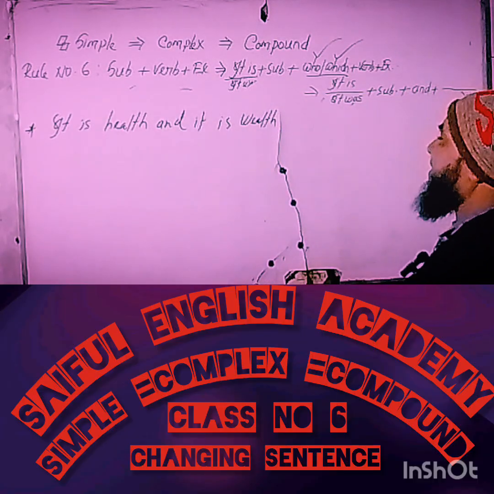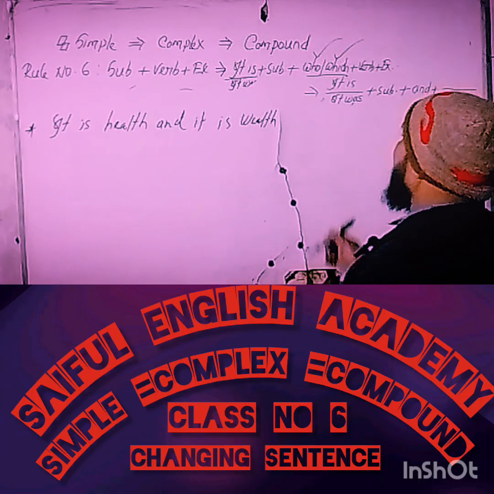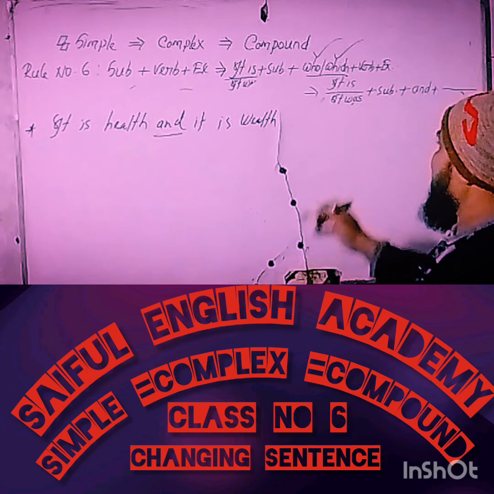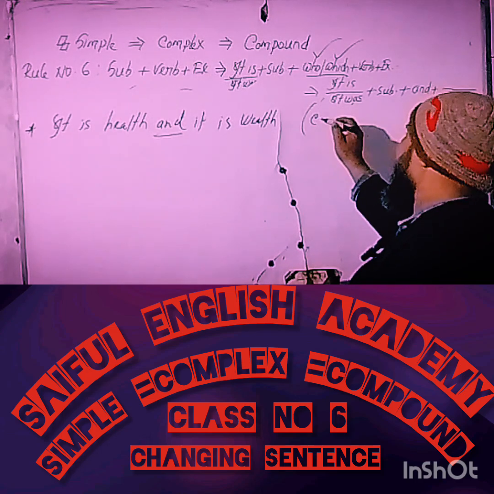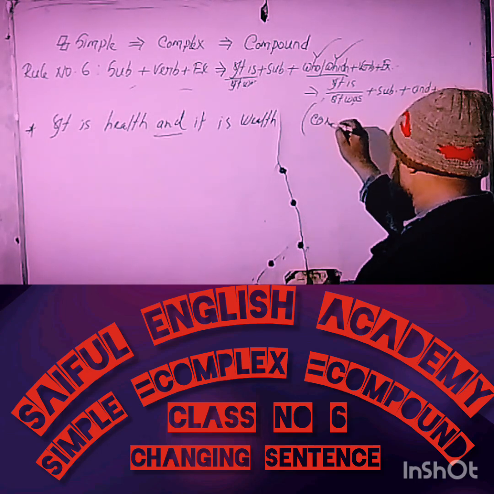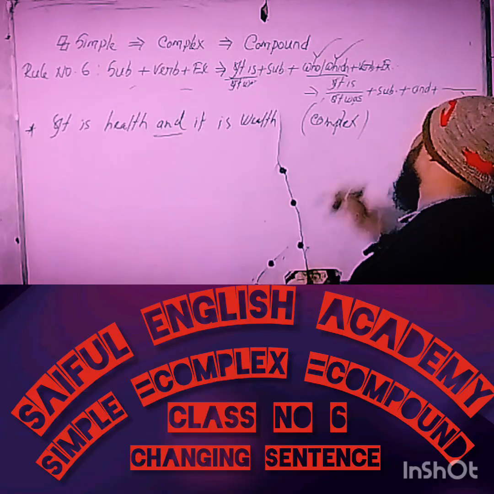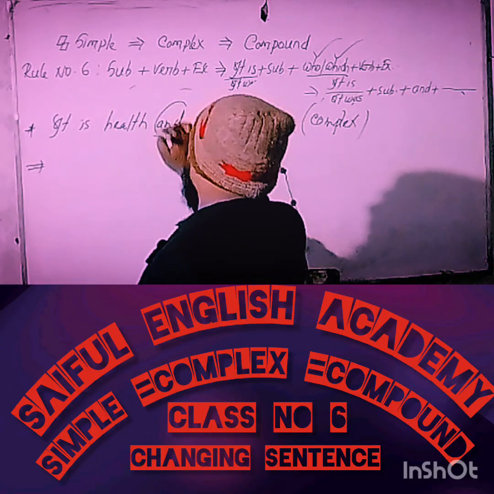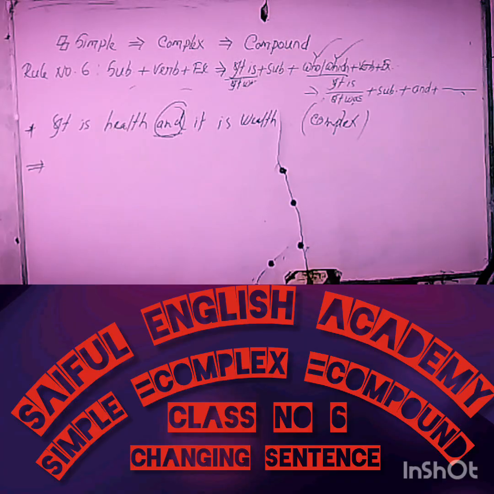Okay, my dear learners, you'll have to mind that it's of course a compound sentence. Suppose you are told to change this statement into a complex sentence. So, my dear learners, what steps should I take? You have to mind that in such kinds of conditions you'll have to use the relative pronoun who or which instead of "and".